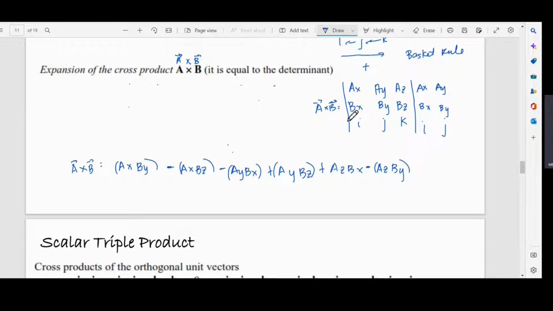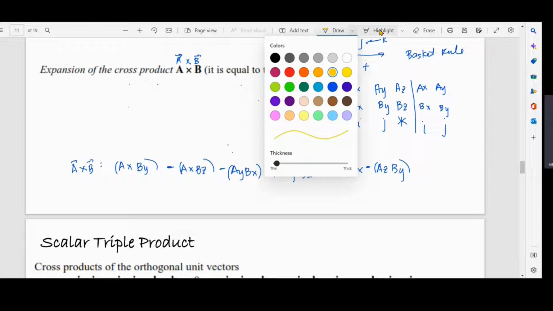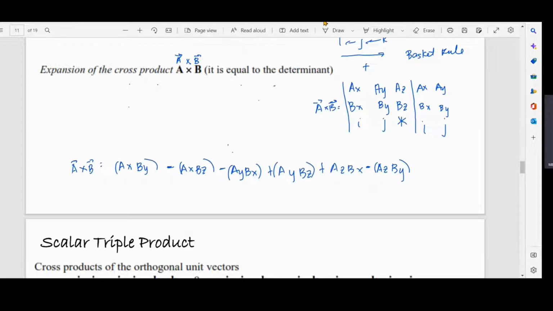Okay. Pag sinabi nating basket rule, unahin natin dito. Kunin lang natin yung diagonal. Gamit tayo ng ibang kulay. Okay. So, sa basket rule, kukunin natin yung product nito. Yung diagonal. Dapat tatlo yan. Kunin mo yung product. Then, kunin mo din yung product nito. And then, product nito.